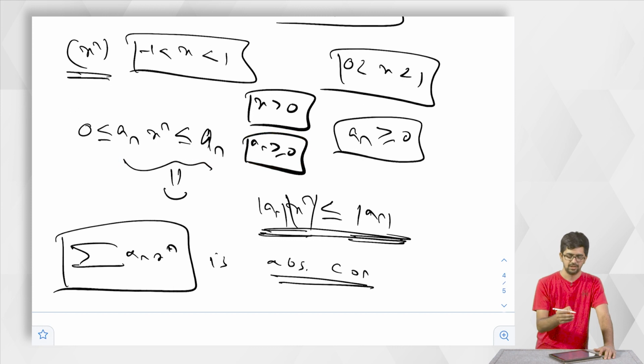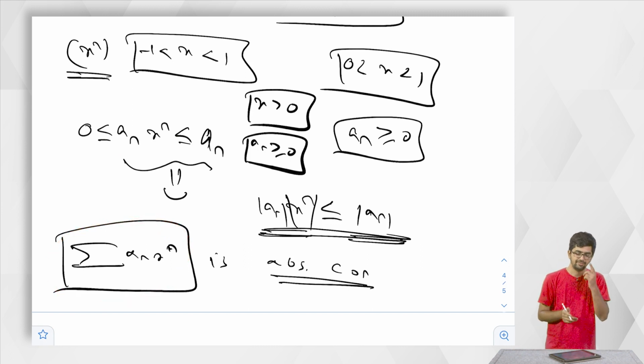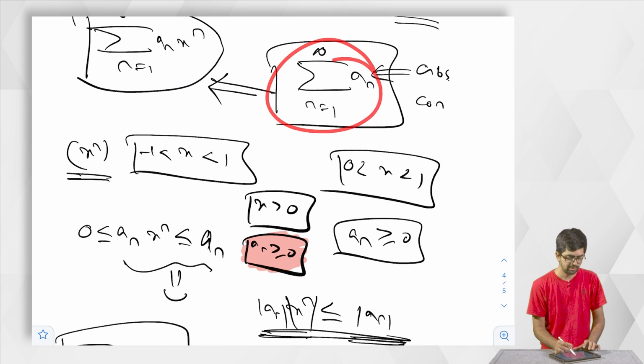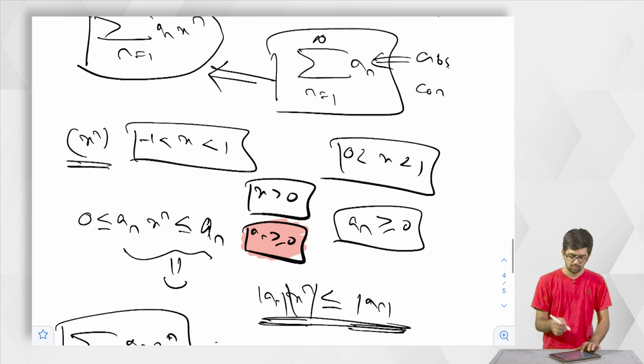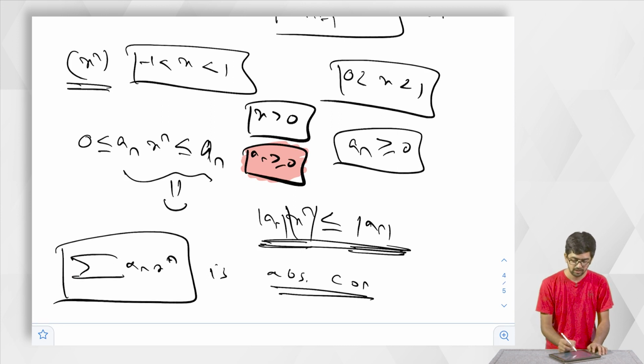Then we used the comparison test to conclude that, because this is also non-negative, summation an x power n is convergent. Now we have got rid of this. We don't want to ask this. Instead, we are asking that summation an, n equal to 1 to infinity, is absolutely convergent. What does it help? That will allow us to multiply both sides of the inequality x power n less than or equal to 1 by mod an.